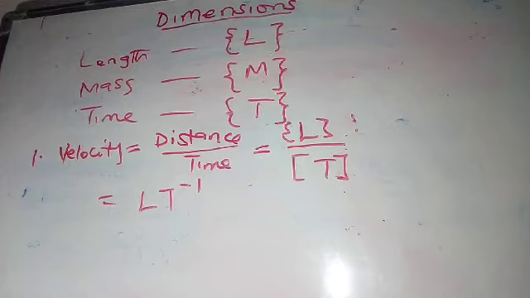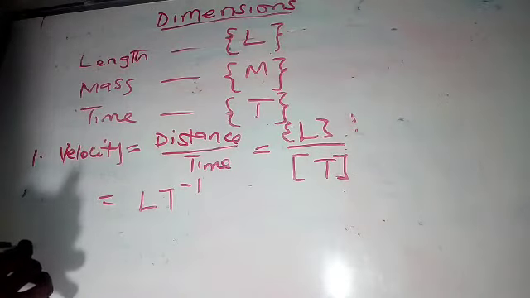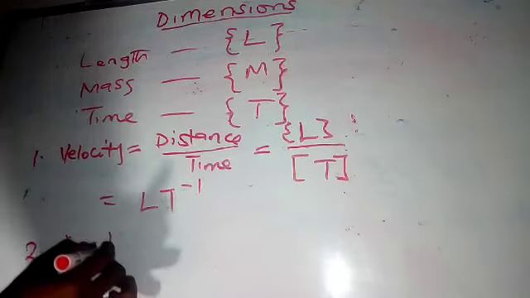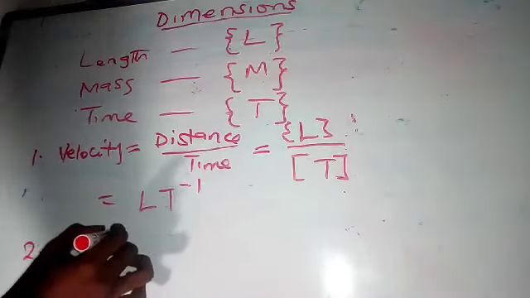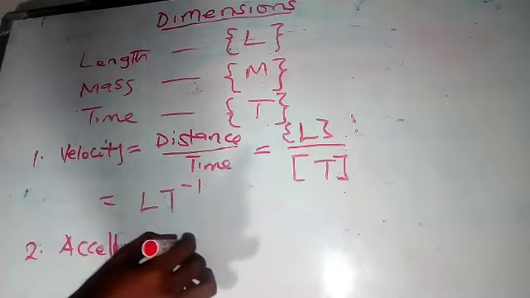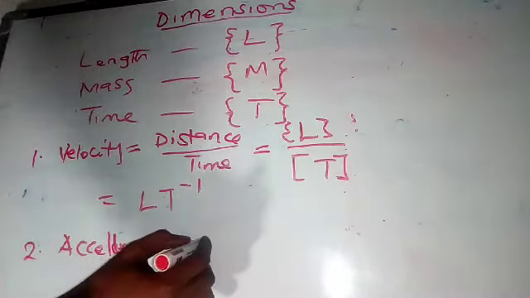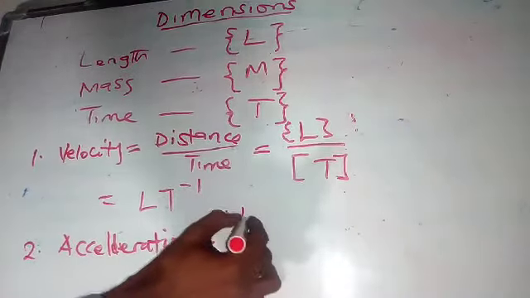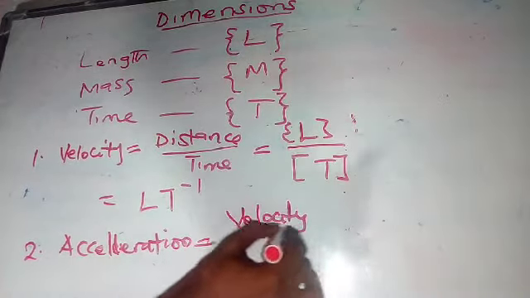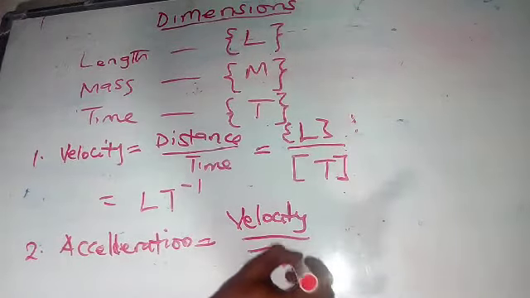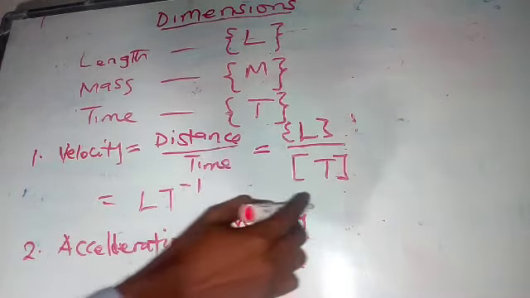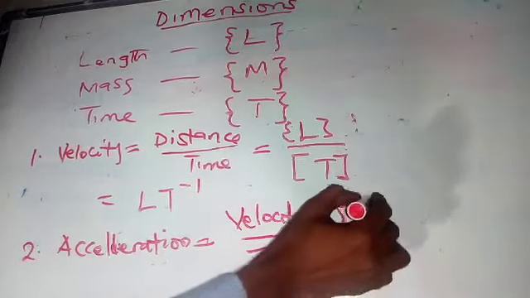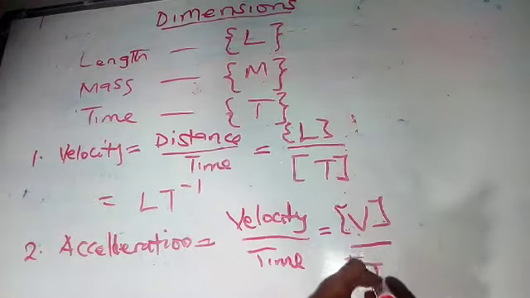In the same vein, we can do it for a concept like acceleration. So acceleration is what? From your O-level physics, it is the time rate of change of velocity itself. So it's like the velocity divided by time. If you are taking the dimensions, it will be the dimension of velocity all over the dimension of time.